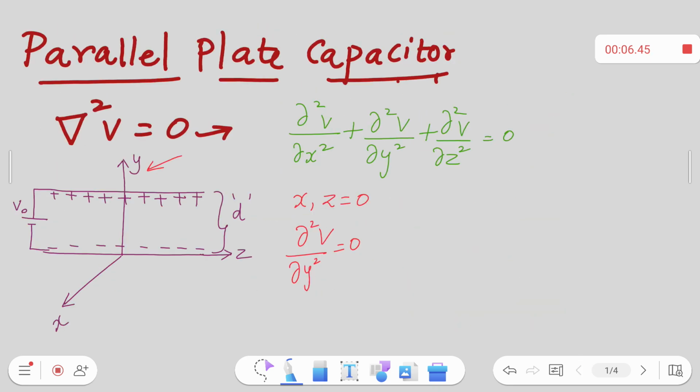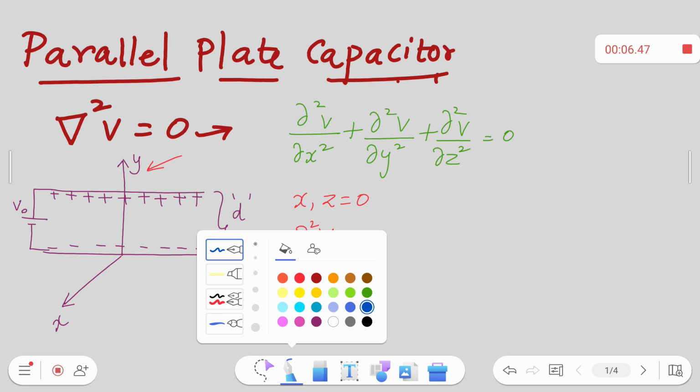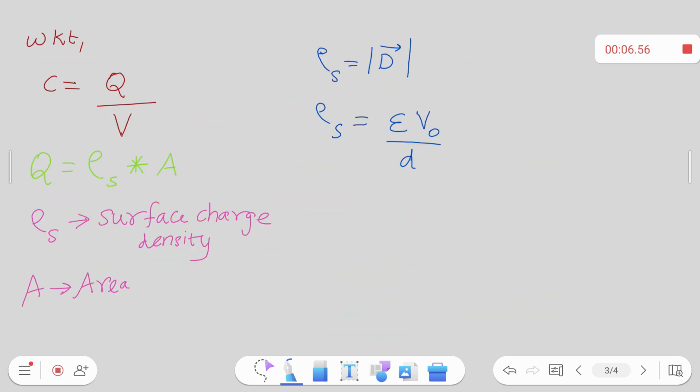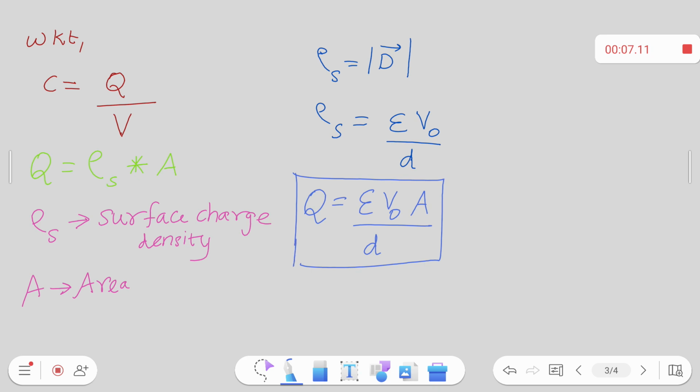So what is my Q? Q is epsilon V0 A by d. This is the charge stored in your capacitor.